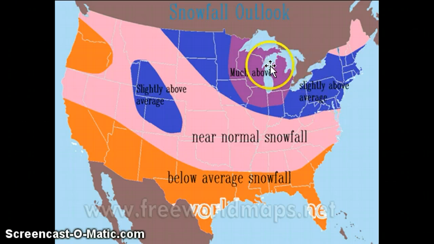And my jackpot area, I believe, is going to be right around the Great Lakes near Chicago. I think they're in for a good winter. And now the southern mid-Atlantic and these states too, expect near normal snowfall, with maybe one or two big snowstorms that will equal their average snowfall.